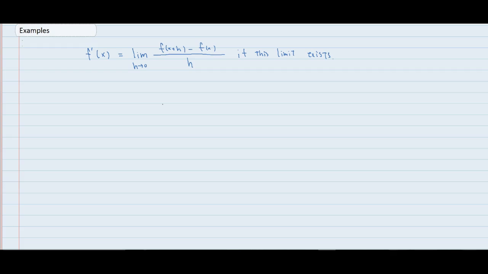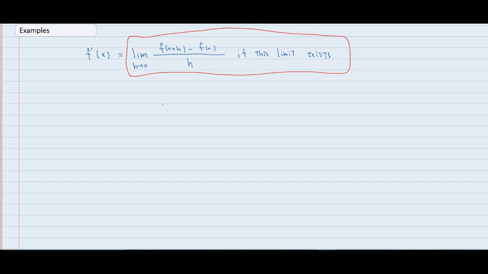So if I were to ask you to use the precise definition of the derivative, this definition is the one that you will be using.